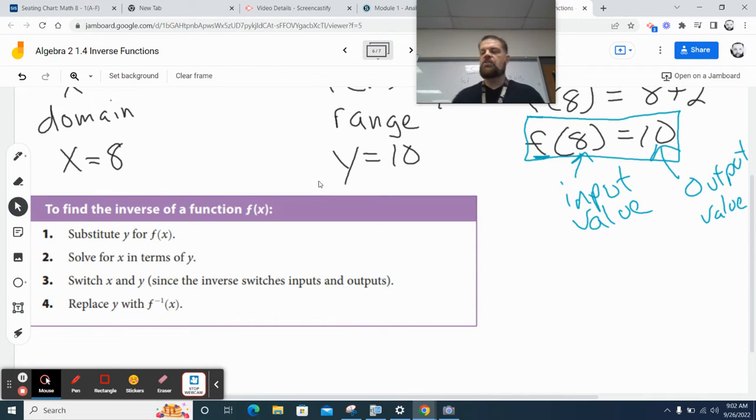So the inverse function, just like any other inverse, undoes what's being done from a mathematical perspective. Okay? And this is what you're going to learn today, hopefully: we can take an equation, specifically a function, do some algebra, and come up with another function that undoes what's done by the original function.